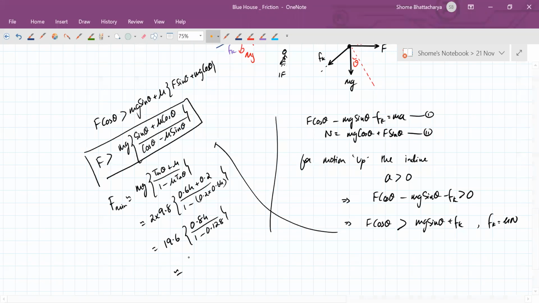Okay. Whereas the above case would have been, if we are preventing it from sliding down the inclined plane, the minimum force we have to apply. This is a different case. You have to make it slide up the inclined plane. So this is the minimum force for it to slide up the incline.